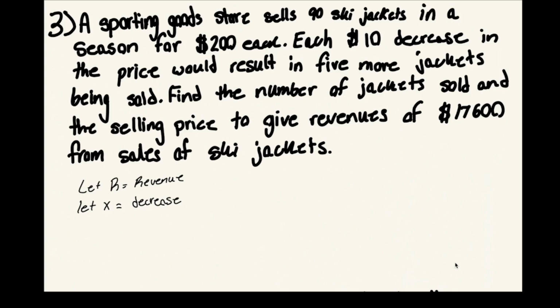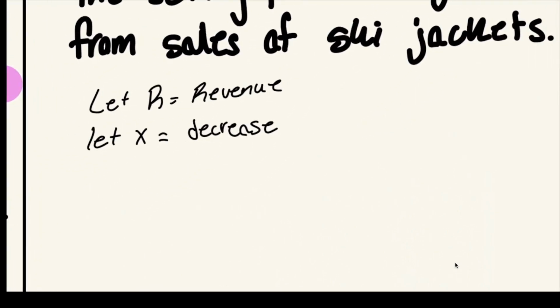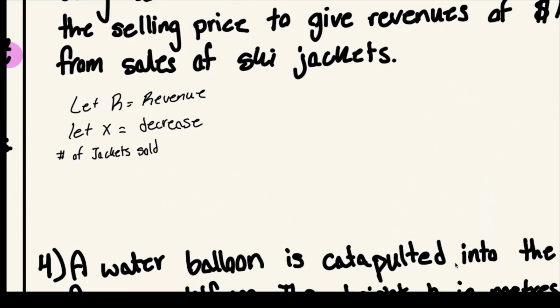So what we're going to want to do is make an equation, with one bracket for the number of jackets sold, and the other one will be the price change, for example.